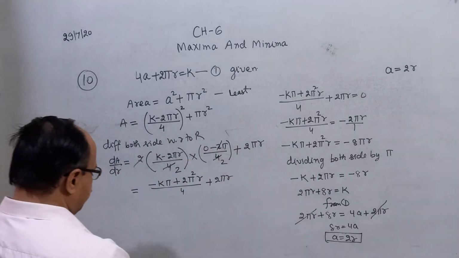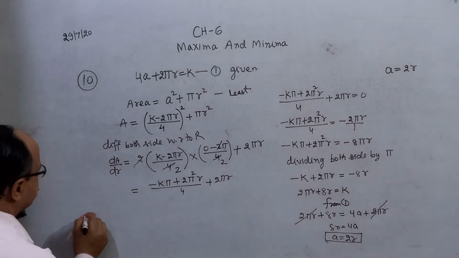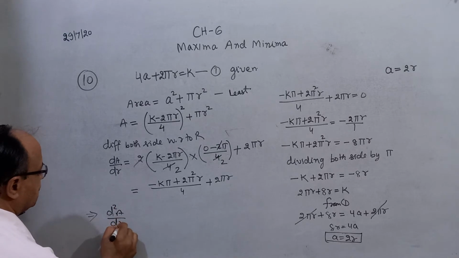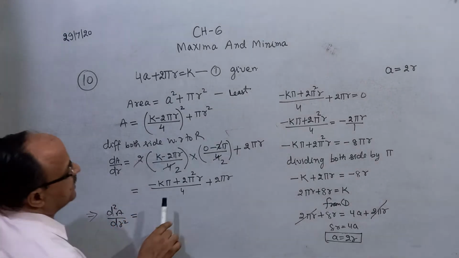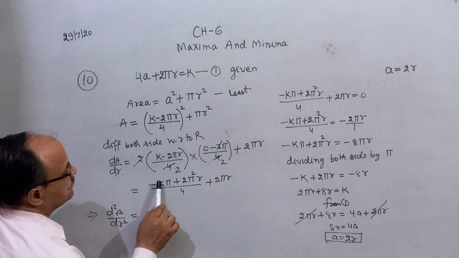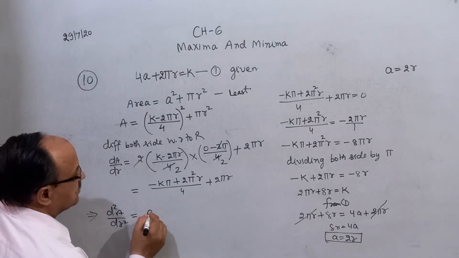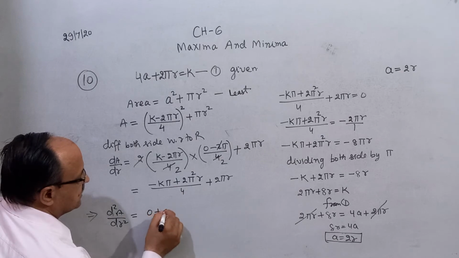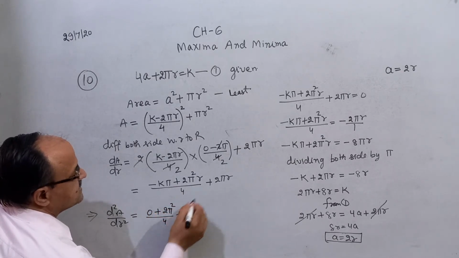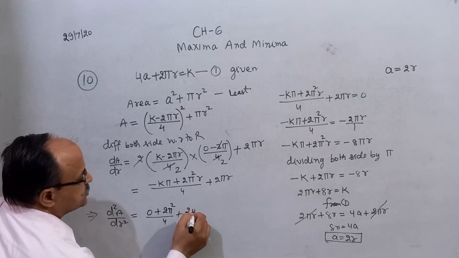This is the first order derivative. I solve this term: d square A upon dr square, the second order derivative of this. What is the derivative of k pi? That is constant, both are constant, therefore 0. And the derivative of 2 pi square r by 4 is 2 pi square by 4, plus the derivative of 2 pi r, that is 2 pi.